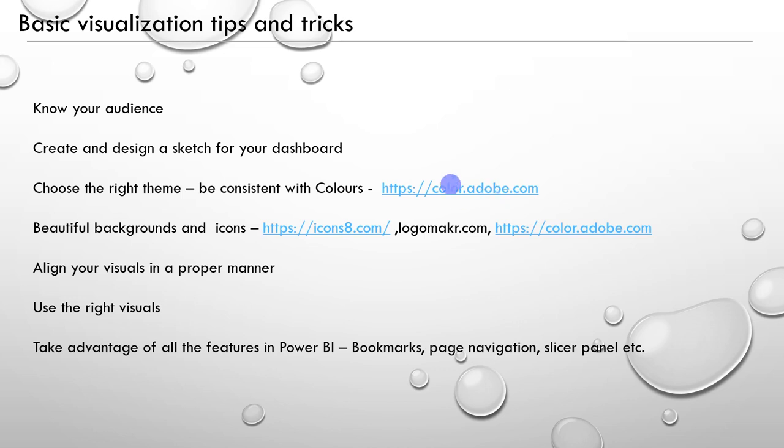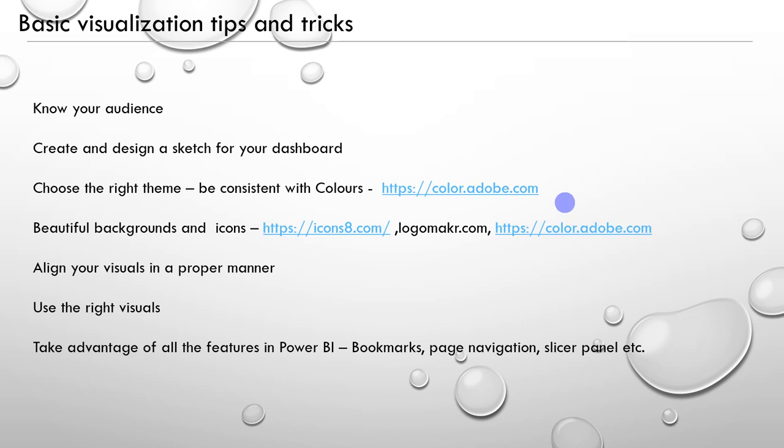So you can go to this website, where you can extract a color theme, either that of the organization you work for, or the organization you're about to execute a project for. It's better you just pick that color scheme, which I'm going to show you how to do when we are creating our themes.